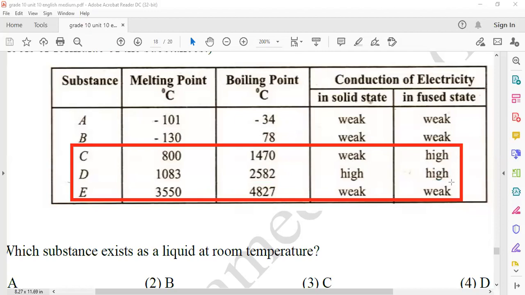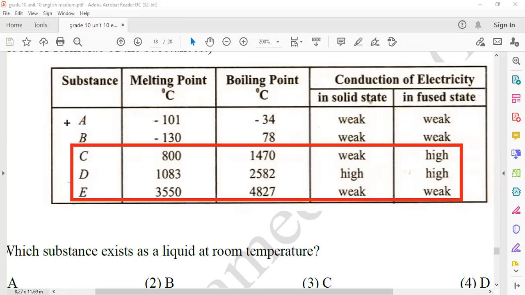Which substance shows properties similar to those of copper? Which one can be metal copper here? Copper is a metal or non-metal? Metal. Solid or liquid? Solid. Among these, who can be that metal? D. Why so?